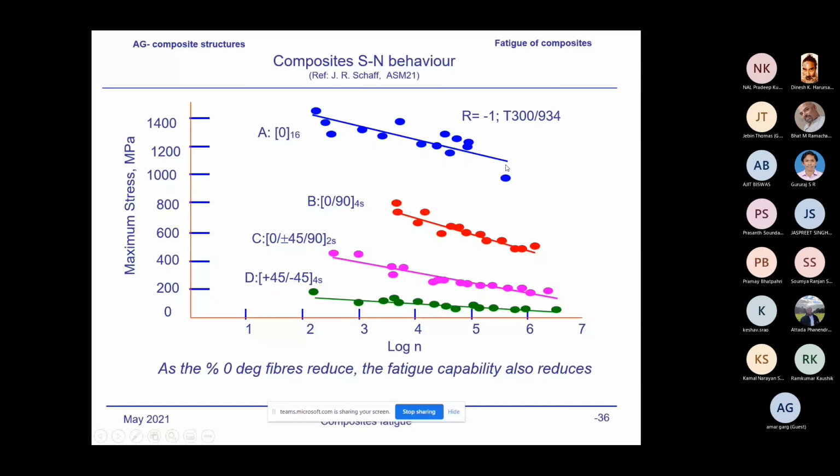As the percentage of 0 degree is going down, that is, as you put in more 90s and 45s, the fatigue behavior decreases. Naturally, because the static allowable also comes down, the fatigue allowable will also come down with the percentage of 0 degree fiber. So this is what happens with various laminates.